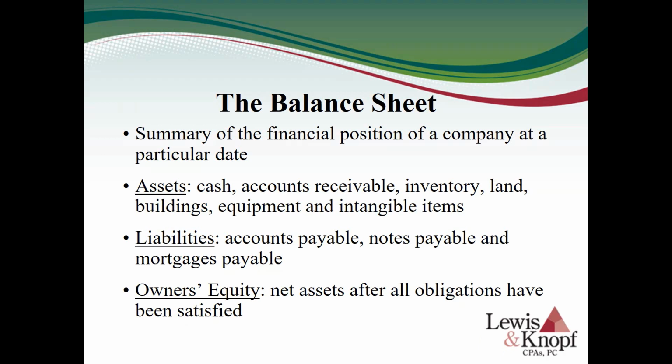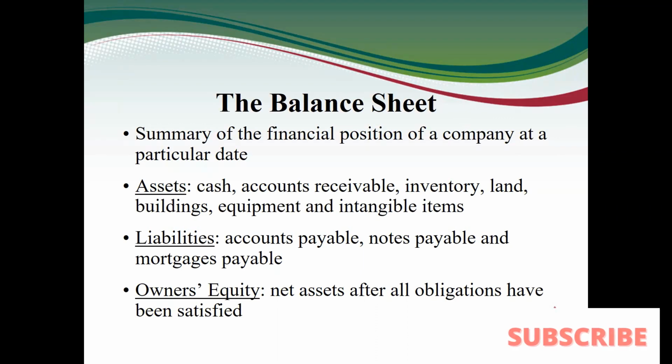The short term ones we need to settle within a financial year, which is 12 months. When it goes beyond a year, it must be classified under long-term liabilities. The same thing applies to the assets as well. Then we have the owner's equity, the net assets after all obligations have been satisfied. The owner's equity, in other words, is the money that owners bring to the company.